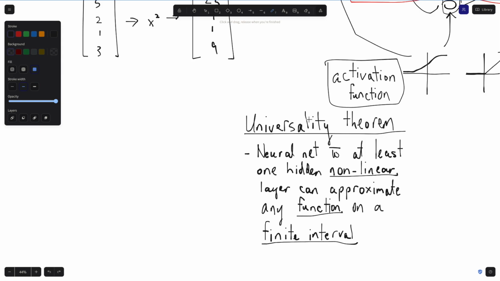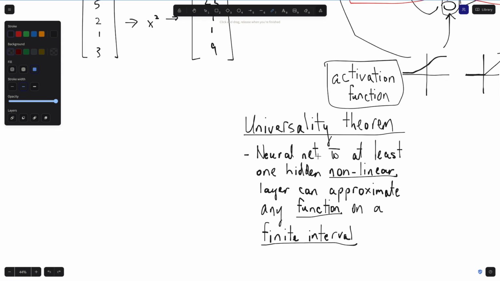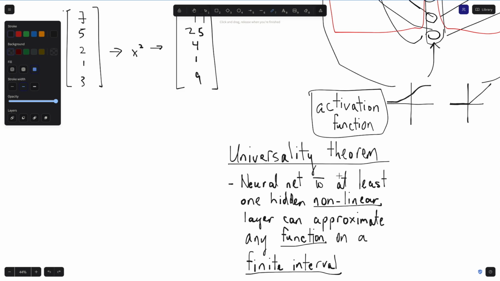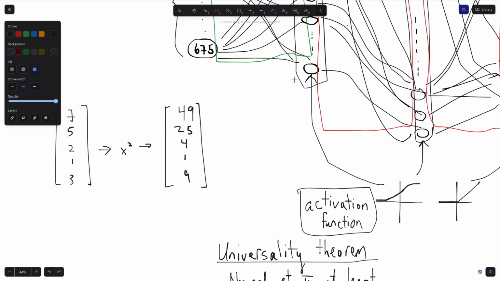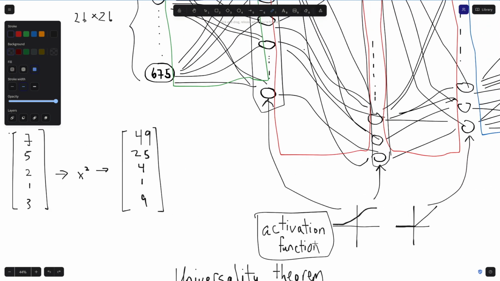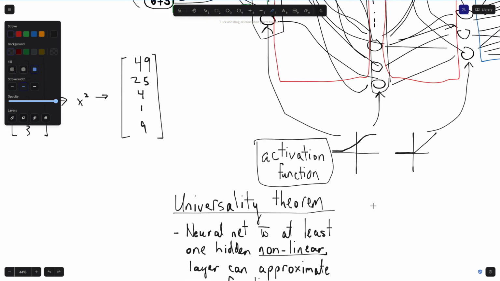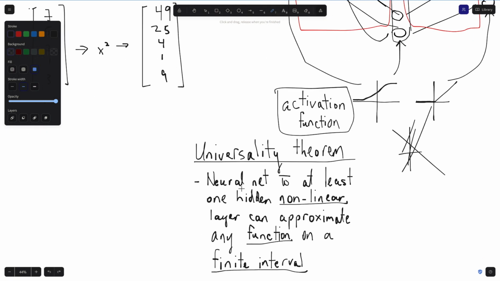The idea is that if you have a neural network with at least one hidden nonlinear layer, so that's a hidden layer with an activation function that's not linear, so pick any activation function other than these possible lines, then this can approximate any function on a finite interval.